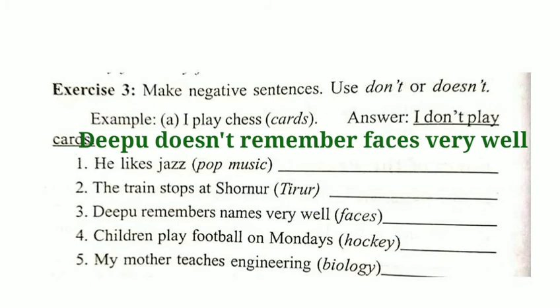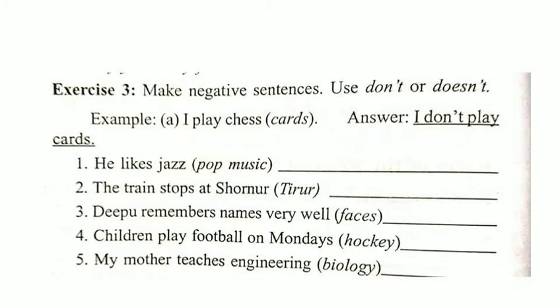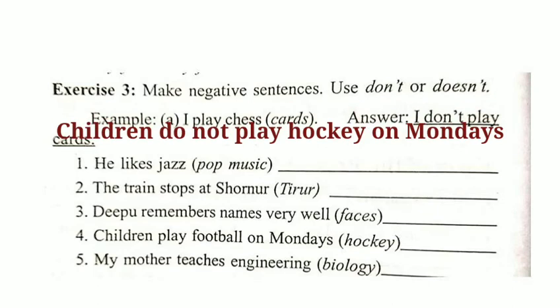So Deepu does not remember faces very well. Then the fourth sentence is children play football on Mondays. That means play is the verb, which has a do in it. So children don't play hockey on Mondays.